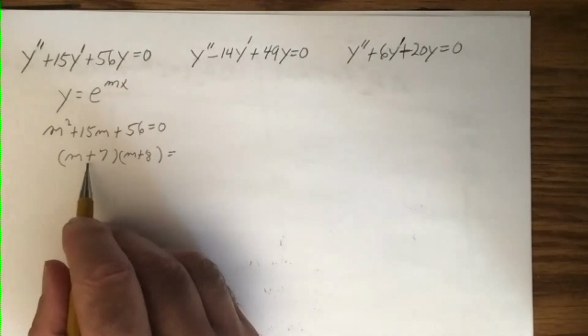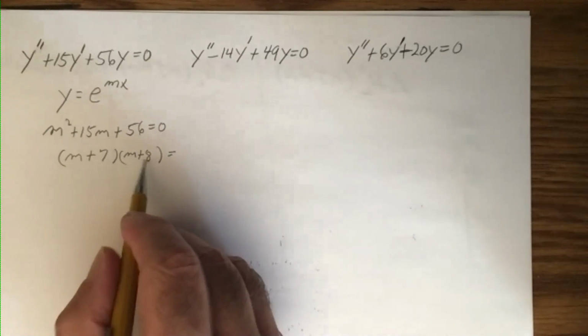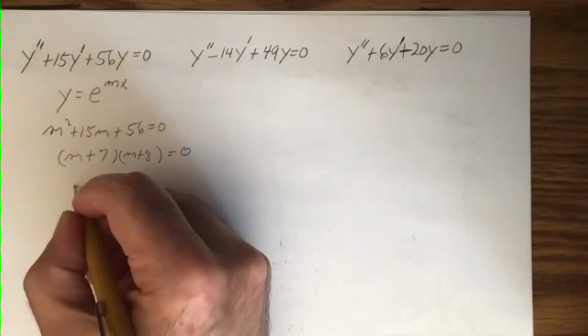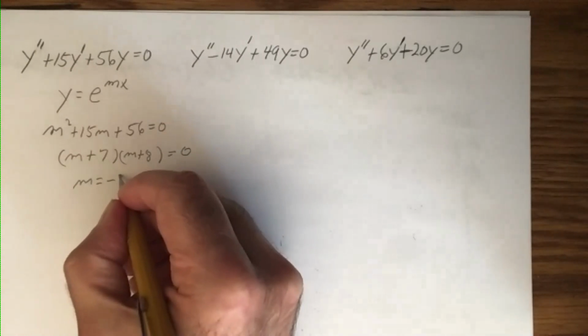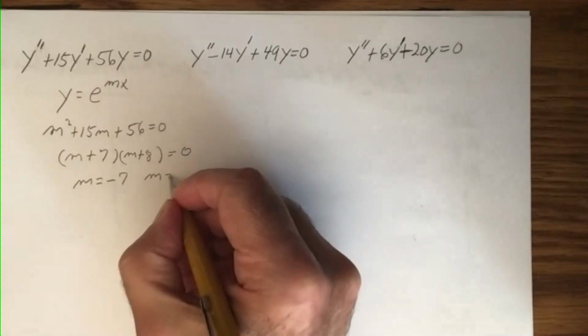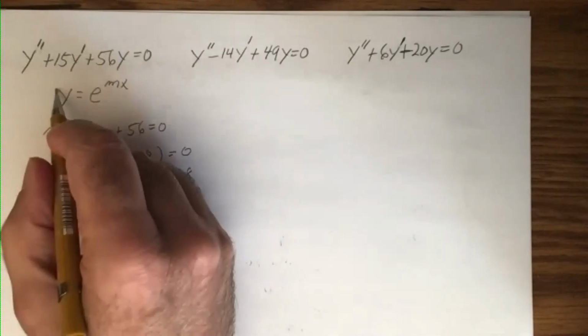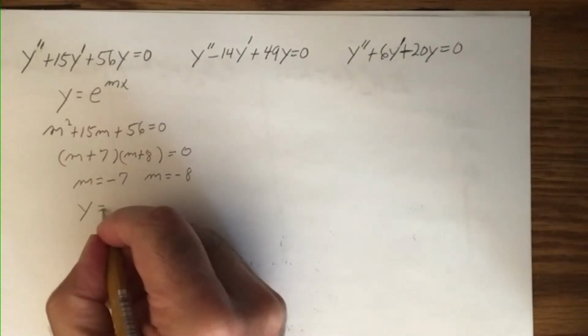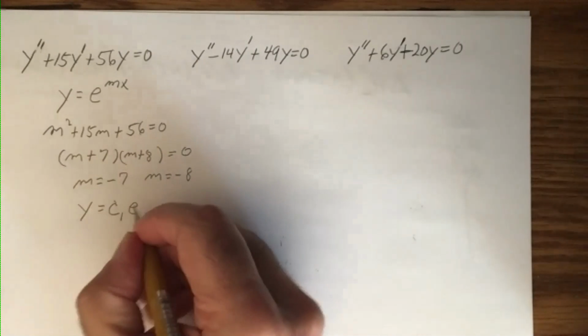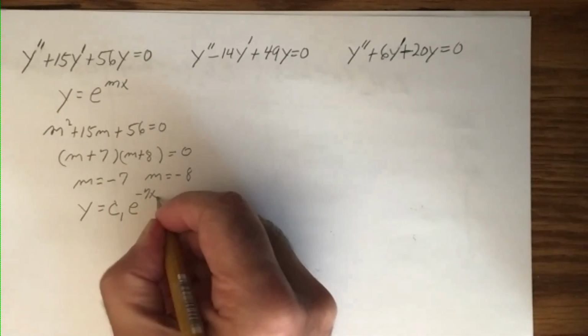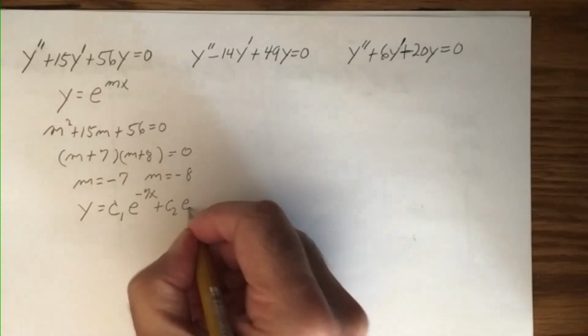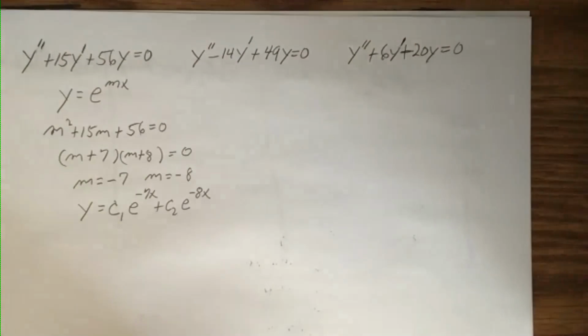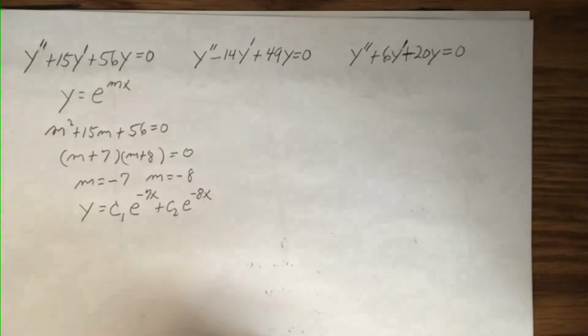So this is factorable into m plus 7 and m plus 8. And so m is equal to minus 7 and m is equal to minus 8. So the solution to this differential equation is y equals C1 e to the minus 7x plus C2 e to the minus 8x. So that's the solution to this differential equation.